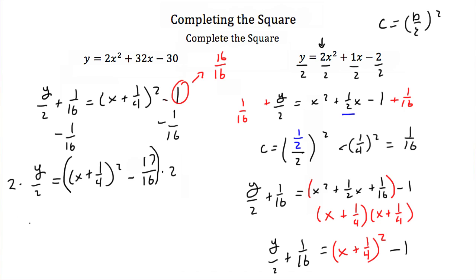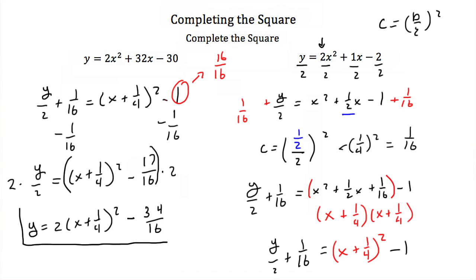So what we get is y is equal to 2 times (x plus 1/4) squared minus 34/16. So here is the factored form of y is equal to 2x squared plus 1x minus 2. And that completes our tutorial on completing the square.